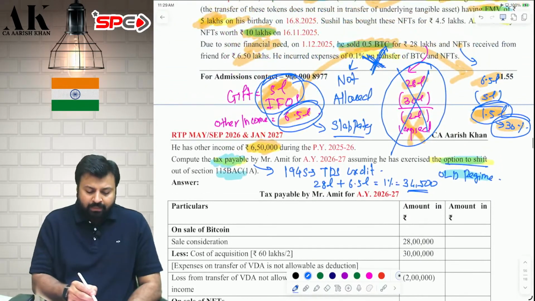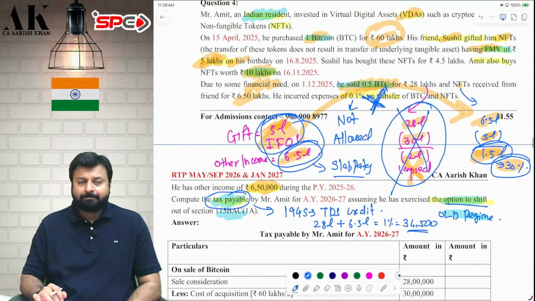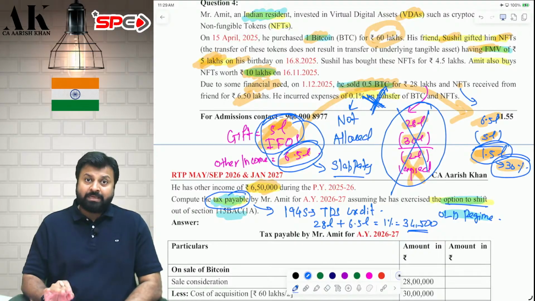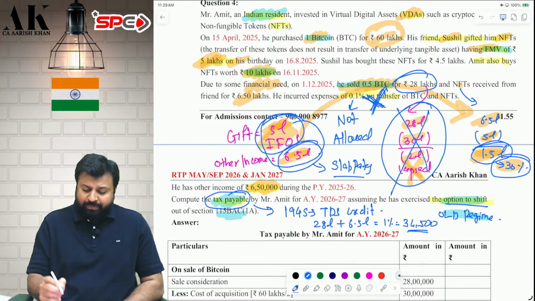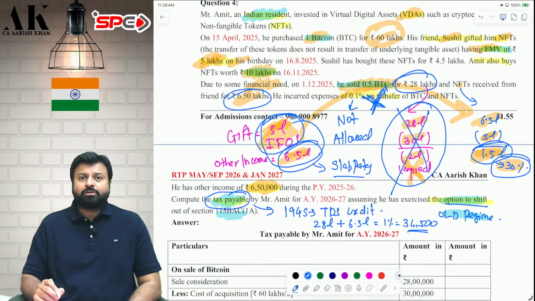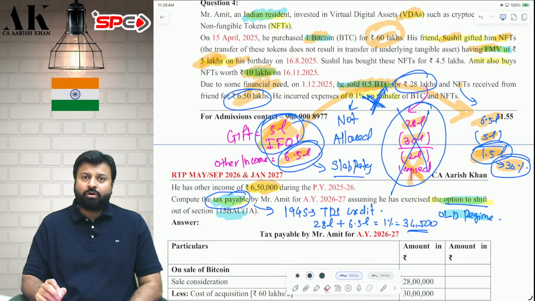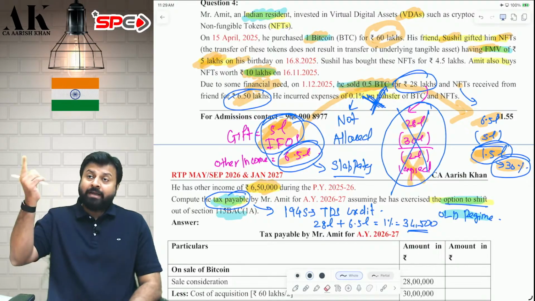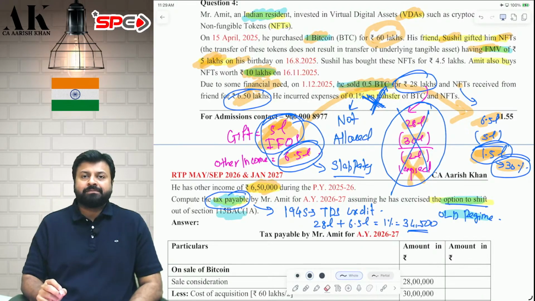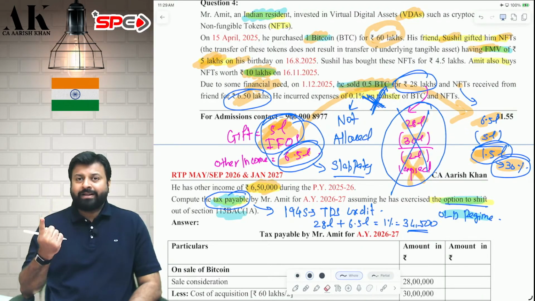Now, they have asked for tax payable. I need to know the tax payable. Is there any TDS deducted in the case of Mr. Amit? Yes. When Mr. Amit sold his Bitcoin for 28 lakh rupees and his NFT for 6.5 lakh rupees, so in total 34.5 lakh rupees of virtual digital assets, the buyer would have deducted TDS at the rate of 1%. On the 28 lakh Bitcoin, 1% TDS would come to 28,000.